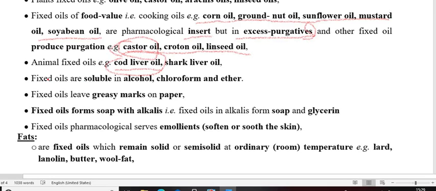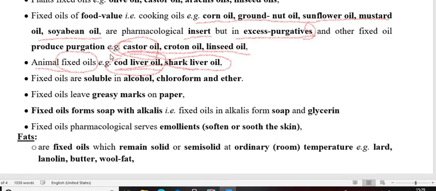Now we go through the fixed oils isolated from animal sources that we use for therapeutic purposes. These oils are isolated from fish: cod liver oil and shark liver oil.